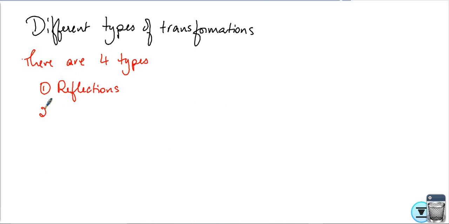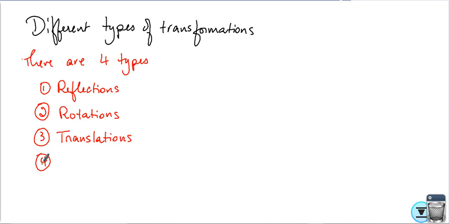Number two, we have rotations. Number three, there is translations. And number four, there is enlargements. There are more transformations, but these are the four transformations on which we are going to focus. So reflections, rotations, translations, and enlargements.